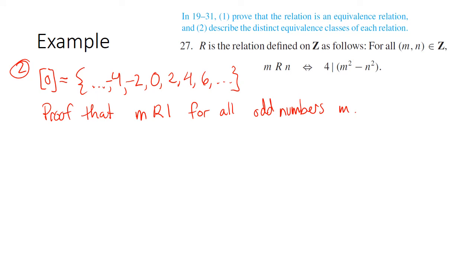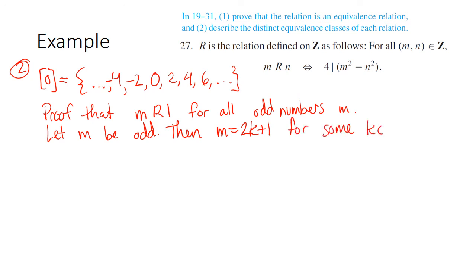So let's see. Let m be odd. Then m equals 2k plus 1 for some integer k. Okay, and then let's just check whether m is related to 1 by this relation.